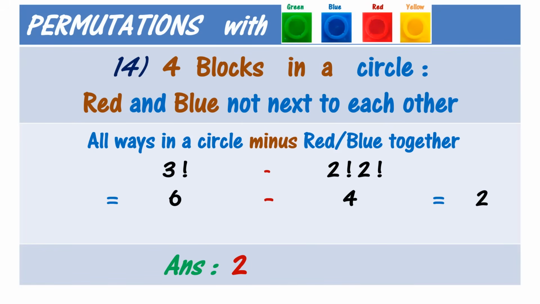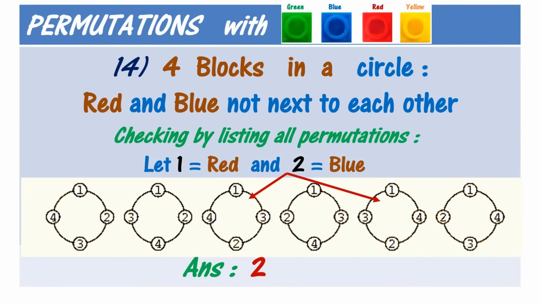So they would be next to each other in 2 factorial times 2 factorial ways, which is 4 ways. So 6 minus 4, the answer is 2. Again, if we let 1 equal red and 2 equal blue, we can see from this diagram there are only 2 situations when they are not next to one another.